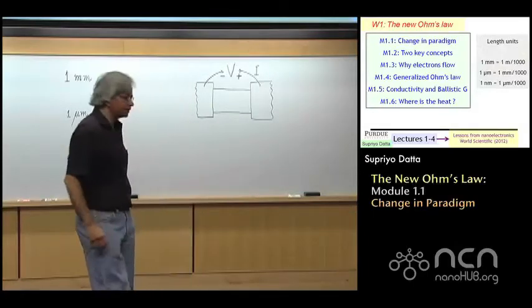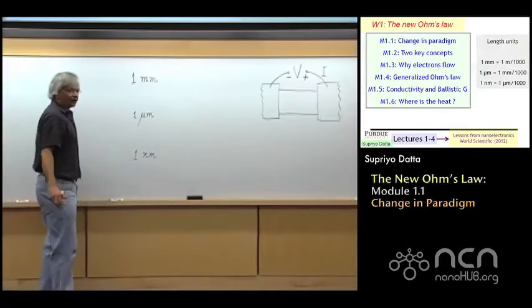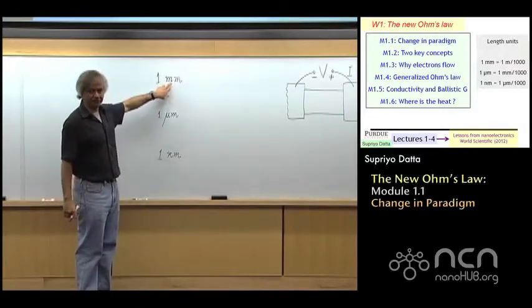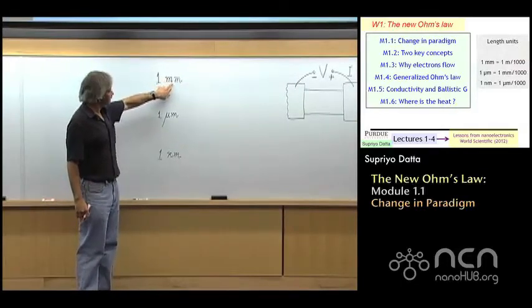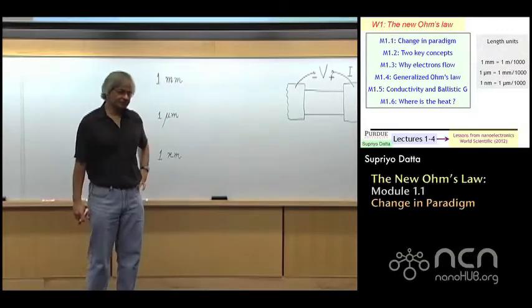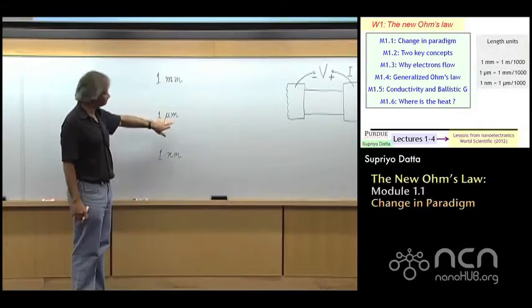If you look at length scales, as you know, if you take 1,000th of a meter, that's what you call a millimeter. If you go down another factor of 1,000, that's what you'd call a micrometer or a micron.